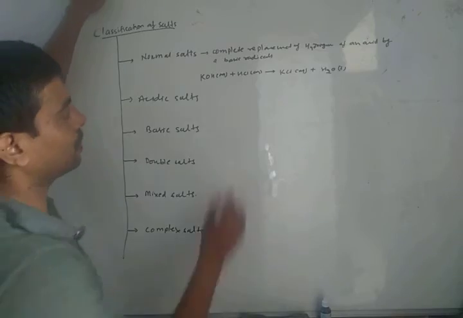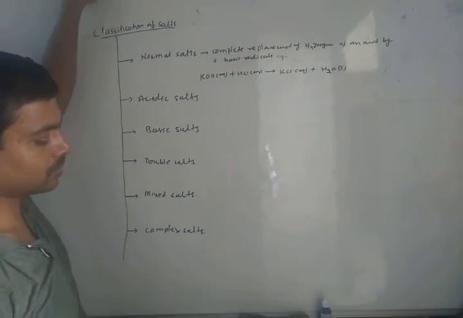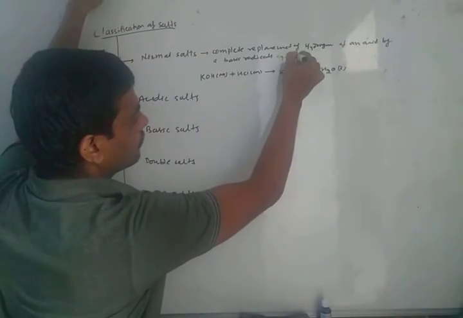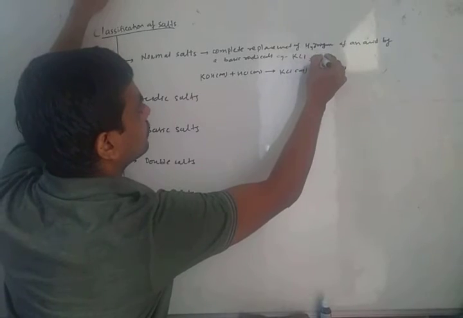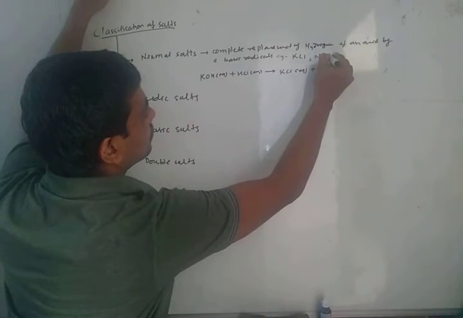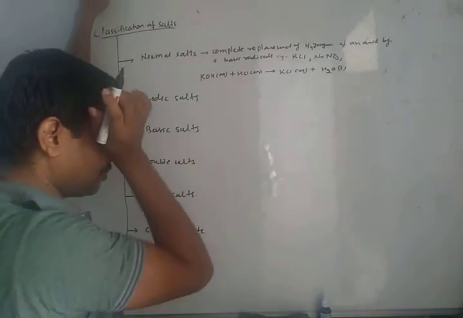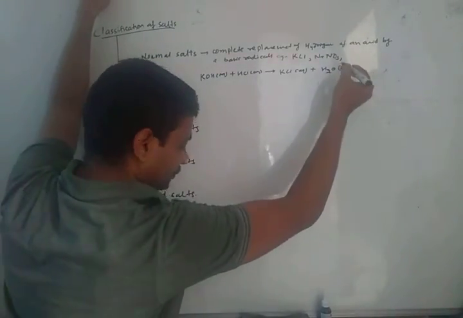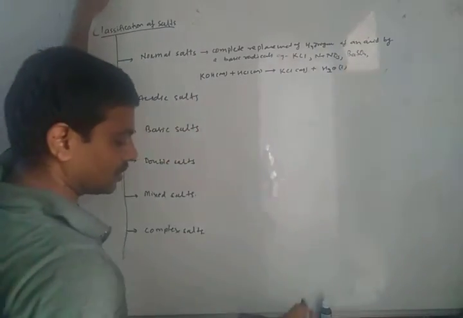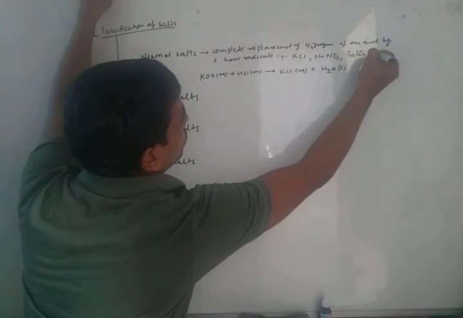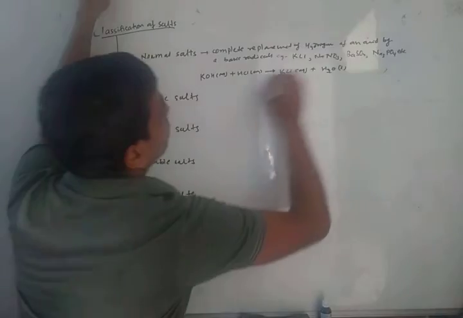Some other examples of salts: KCl, NaNO3, BaSO4, Na3PO4, etc.